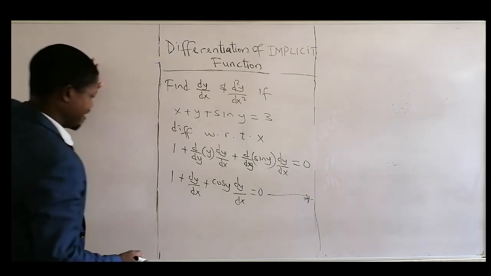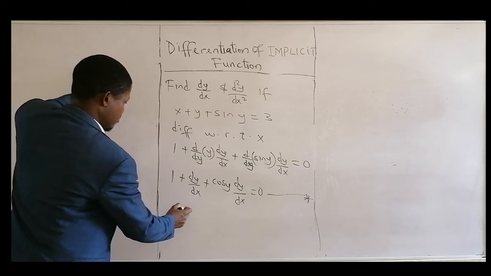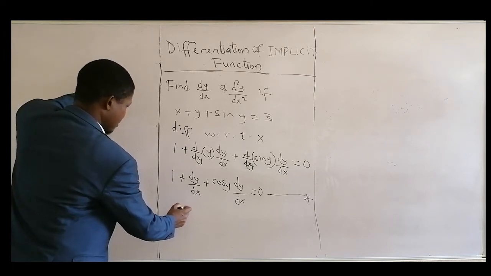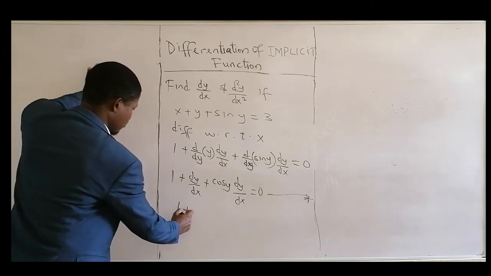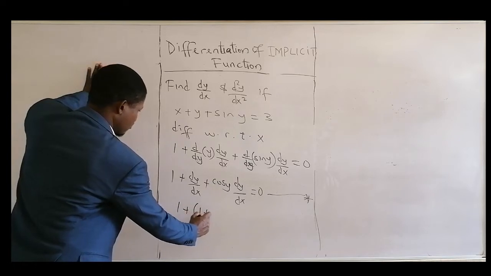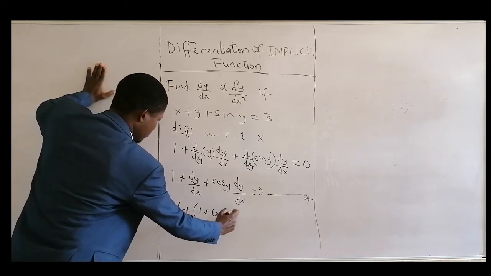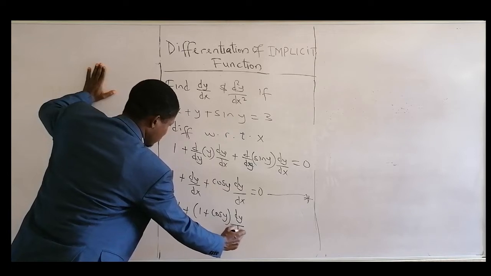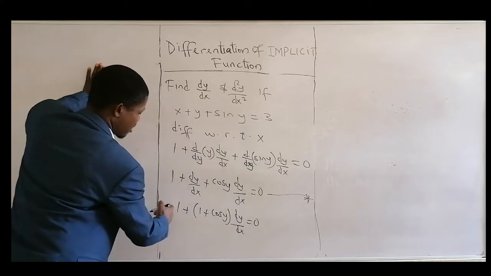So can we make dy/dx the subject? So that will be equal to 1 plus dy/dx plus cos y dy/dx equal to 0. Move this one here to the other side.